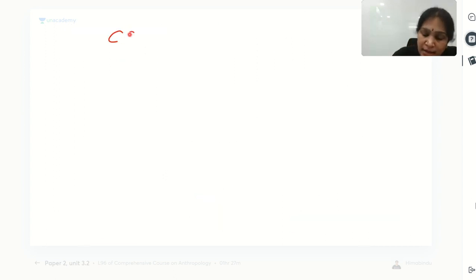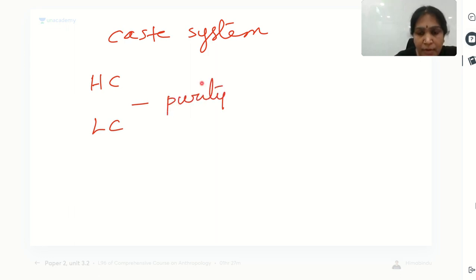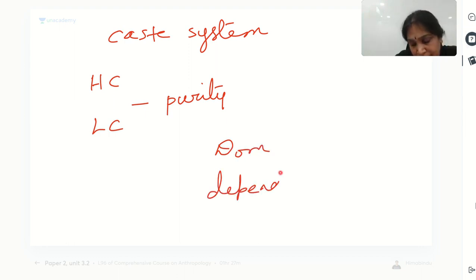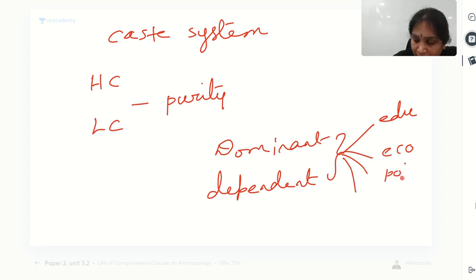But in the caste system, you have multiple forms of inequality. For example, do you remember higher caste and lower caste? This is based on purity. Then dominant caste and dependent caste, these two are based on education, economy, political power, numerical power.